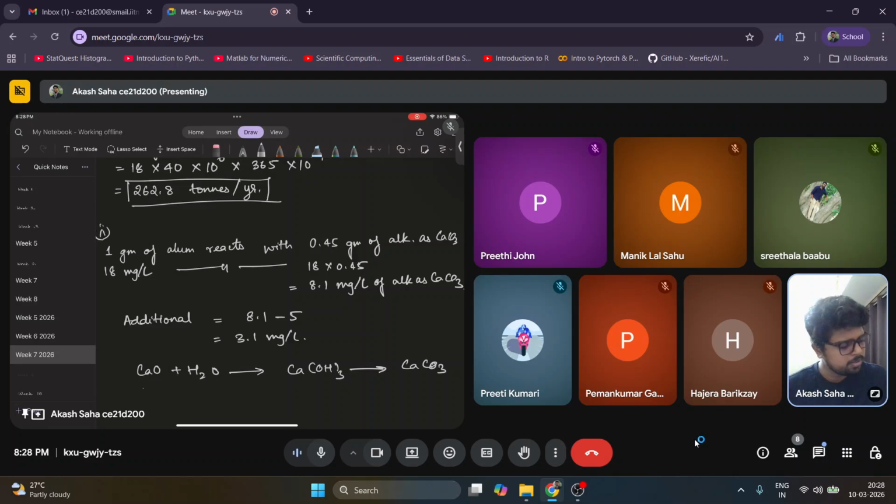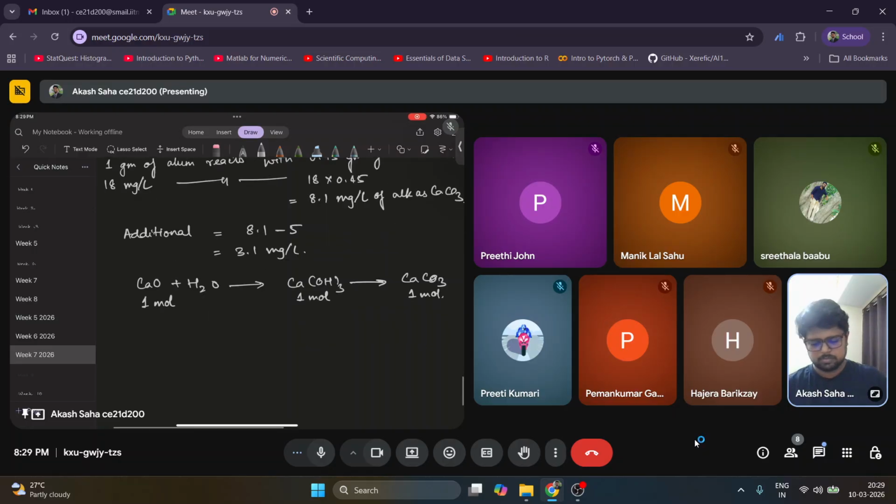So 1 mole of CaO will give 1 mole of Ca(OH)2, which will give 1 mole of CaCO3. It's all the same. That means 1 mole of CaCO3 corresponds to 1 mole of 100% pure CaO.